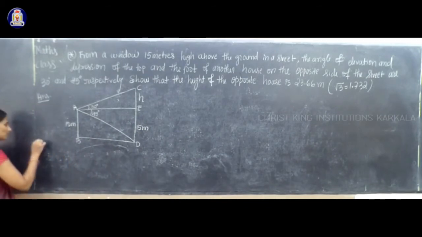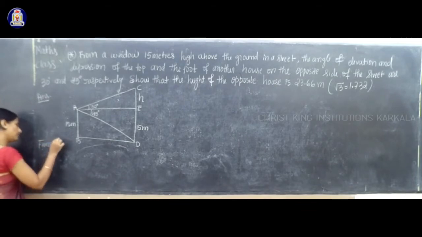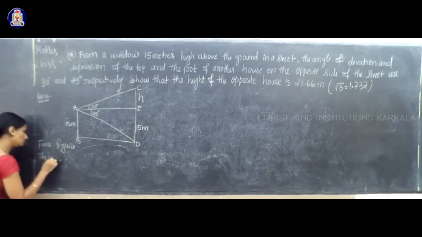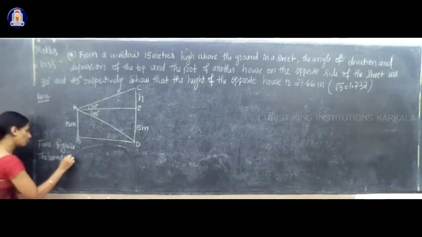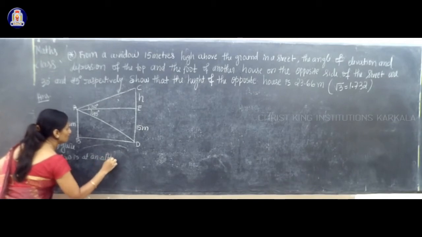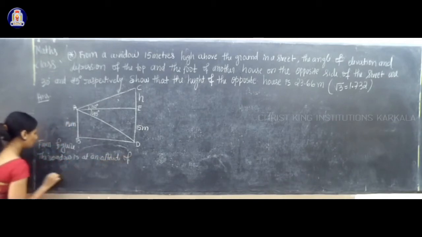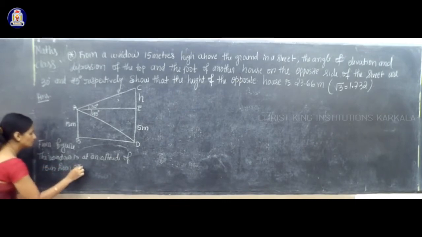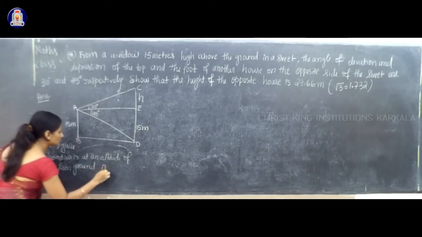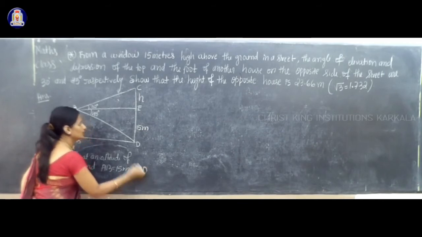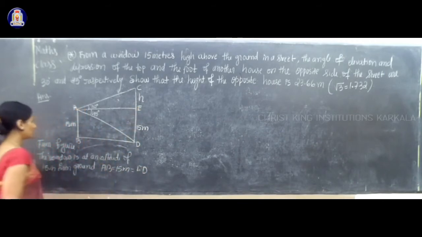Now we write from the figure. The window is at an altitude of 15 meter from the ground. That is AB is equal to 15 meter, which is equal to ED, since ED and AB are equal.